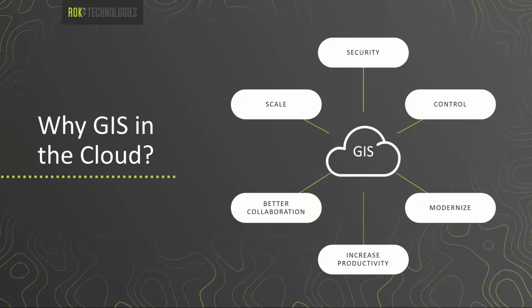If you're running your GIS in-house, meaning down the hall or in the server room or a traditional data center, you really do have a very limited ability to scale. If you're like most organizations, you're on a multi-year hardware refresh cycle.